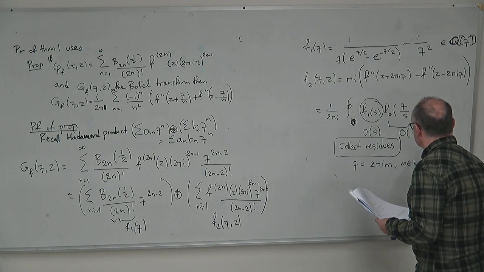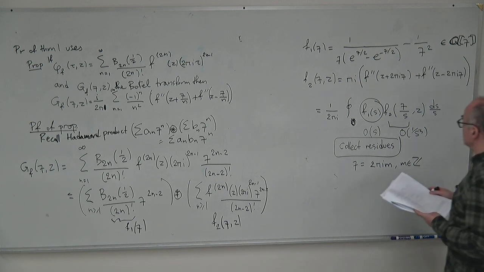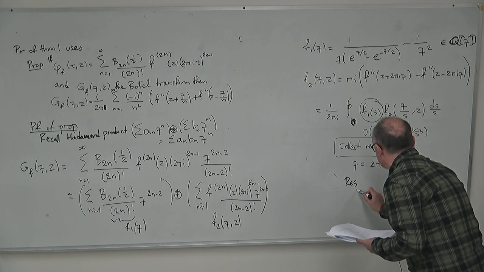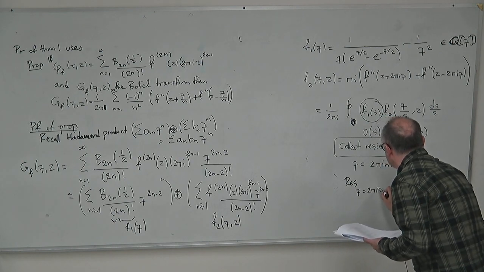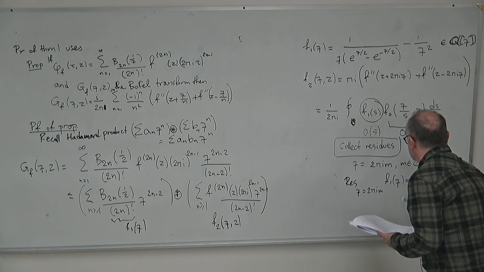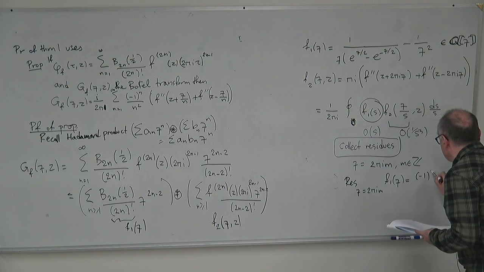M is an integer, and you collect. So the residue, all you need to know is that the residue at 2 pi I m of f1 is actually minus 1 to the m over 2 pi I m.